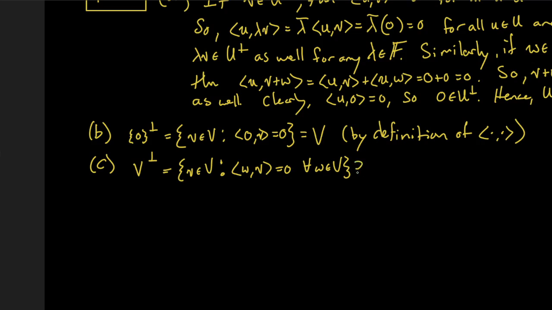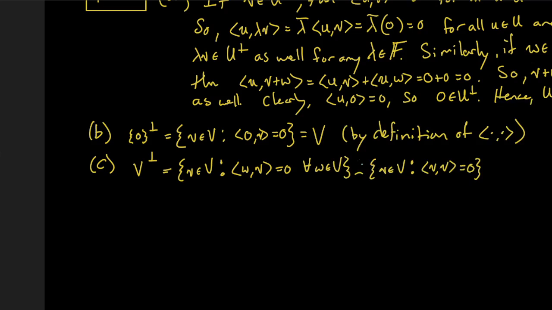Notice this certainly contains the set of v's in V such that ⟨v, v⟩ is equal to 0, right? Since if the inner product of v with w is equal to 0 for all w in V, then one of those w's is v itself. Actually, let me be careful. I shouldn't say contained in. I drew the containment in the wrong direction.